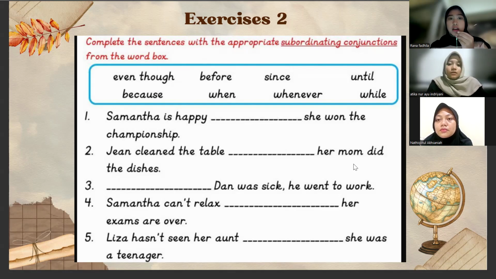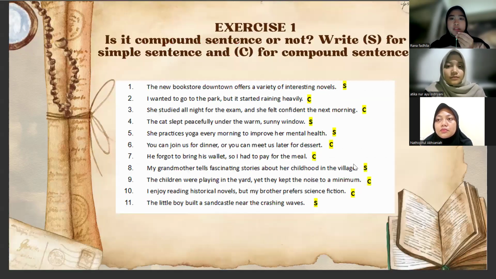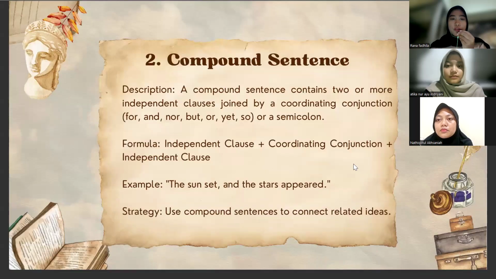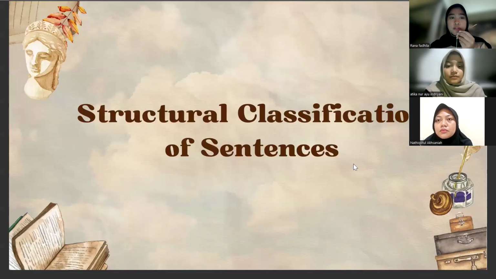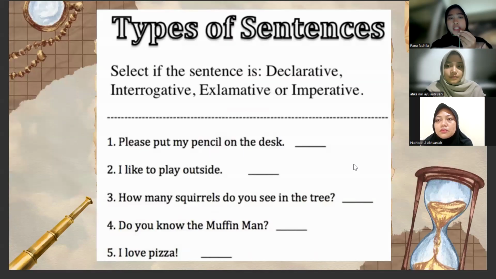So you can do the exercise by yourself, and we can move to the exercise on kinds of sentences to review the materials. Now, number 1: please put my pencil on the desk.